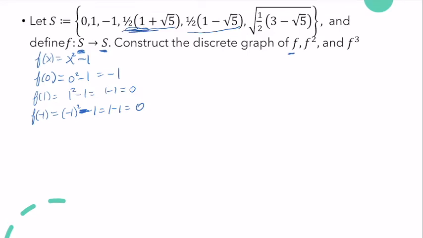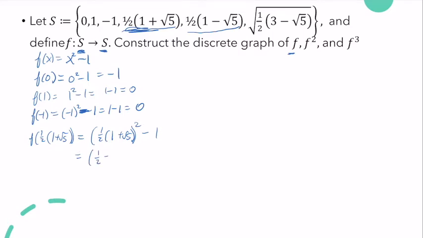And then it gets a little more complicated because we have to work with these square roots, and they aren't even simplified, right? They have a factor of 1/2 pulled out. It's really strange. So f of 1/2 times 1 plus the square root of 5 equals (1/2 times 1 plus the square root of 5) squared minus 1. So the first thing I want to do in order to make my life simpler is distribute that 1/2.